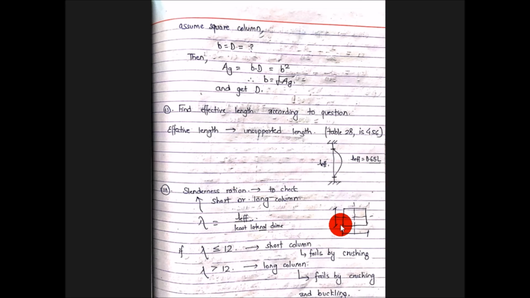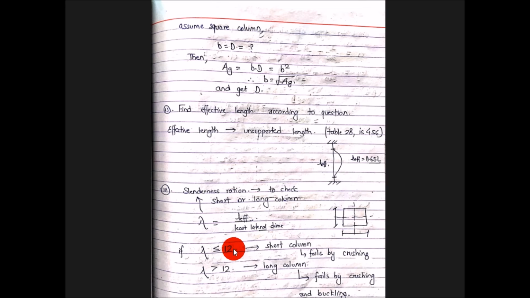It has dimensions along the y axis and x axis, so whichever is smaller is taken as the least lateral dimension. Generally breadth is taken along the y axis and depth along the x axis, and breadth is considered the smaller dimension. For example, if you are provided with 400 into 500, then 400 will be the breadth and 500 will be the depth.